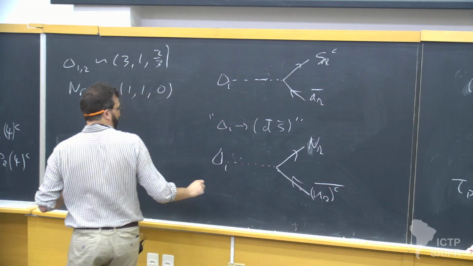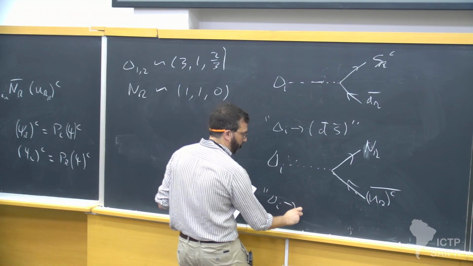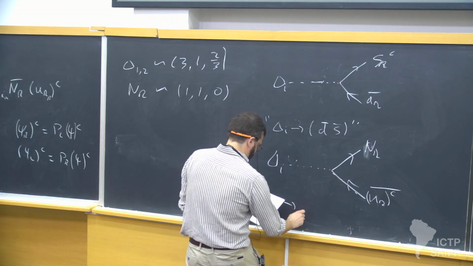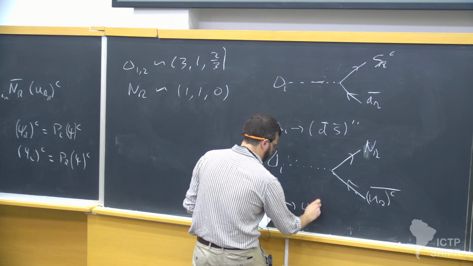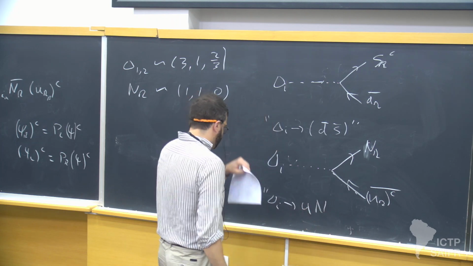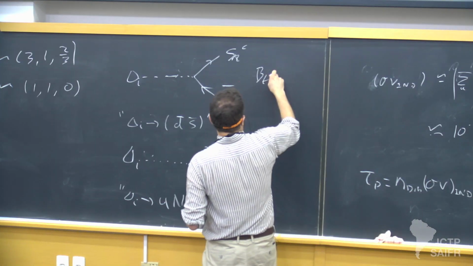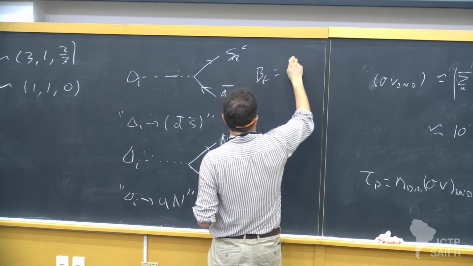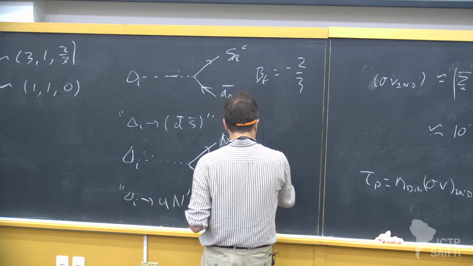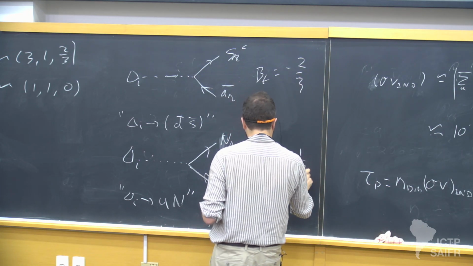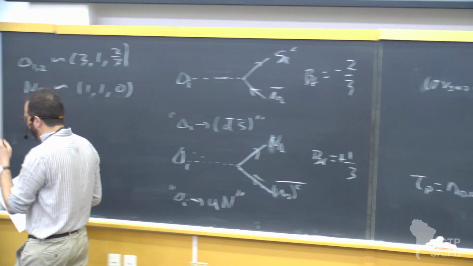Here, this is like delta I going to u and n. So this has final state baryon number -2/3, and this has final state baryon number +1/3, okay? So this is baryon number violating.